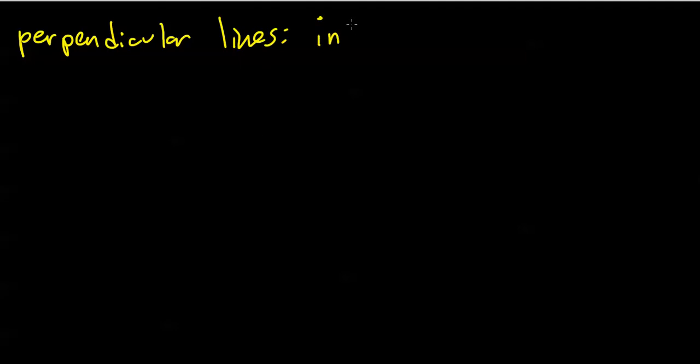Perpendicular lines is a little more complicated. What about perpendicular lines? Well, let me define that first. They intersect at a 90-degree angle.